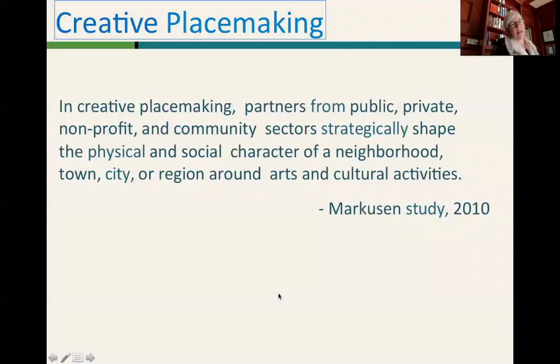So creative placemaking. It is, I think, a new response to why a lot of community engagement, community design isn't working.